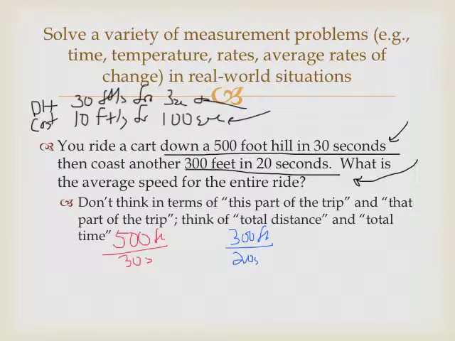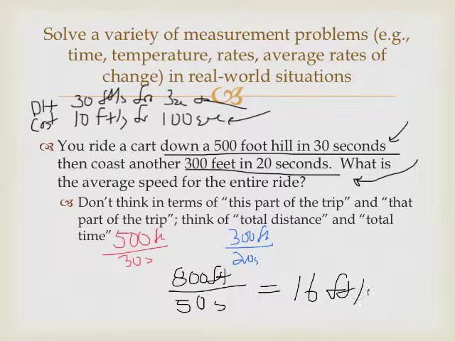Which means that in total we have traveled 800 feet in a total of 50 seconds. And that is going to come out to a very nice number: an average of 16 feet per second. So you don't even really have to do any crazy ratios. You just look at total distance and total time, and that will give you your average rate for the entire trip.